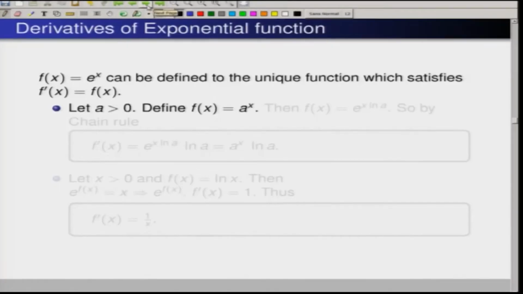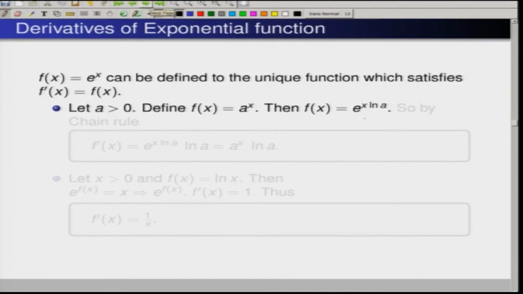Now, if you grant me that, then for any positive a, we have seen that we can define a to the power x. Define f of x equal to a to the power x, then clearly a to the power x is nothing but e to the power x ln a. ln is the logarithm with the base e.